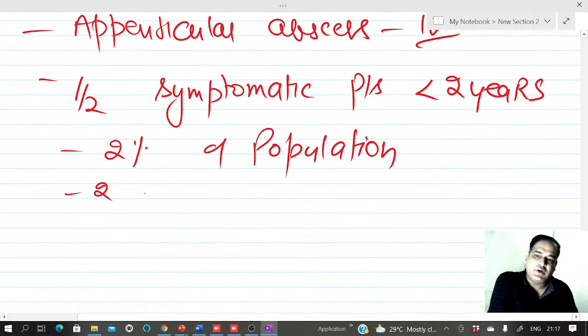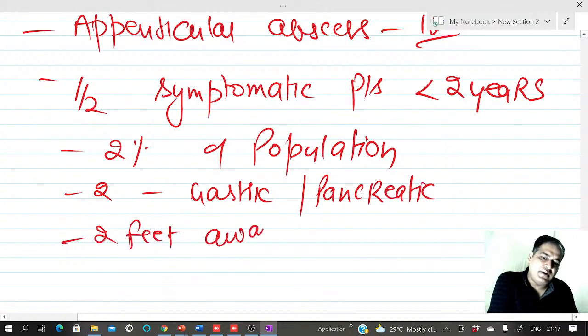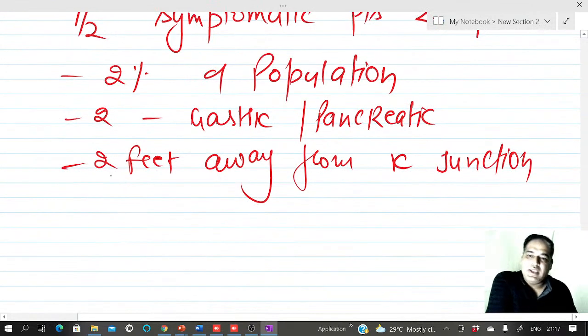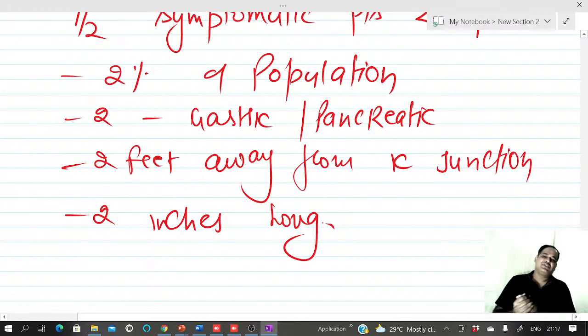Two types of mucosa, that is gastric and pancreatic tissue, can be present. It is present 2 feet away from the ileocecal junction. It could be 2 inches long.